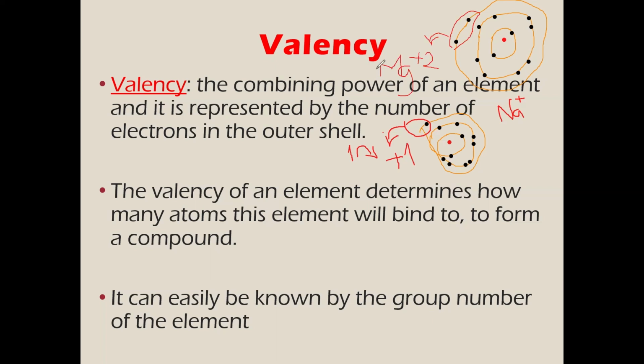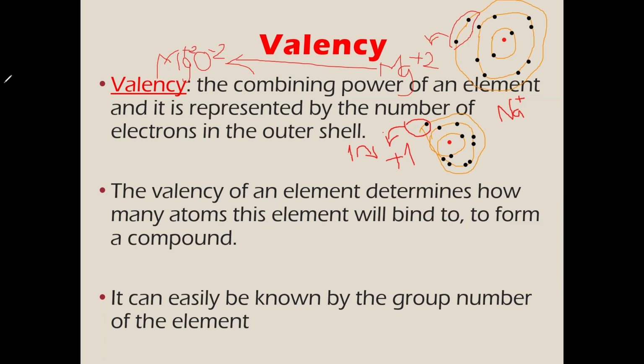For example, magnesium oxide. Magnesium is positive 2, giving 2 electrons, valency 2, and oxygen has 6 electrons in the valence shell, so it can accept 2 electrons, so its valency is also 2. One atom of oxygen can accept the 2 electrons lost from magnesium.